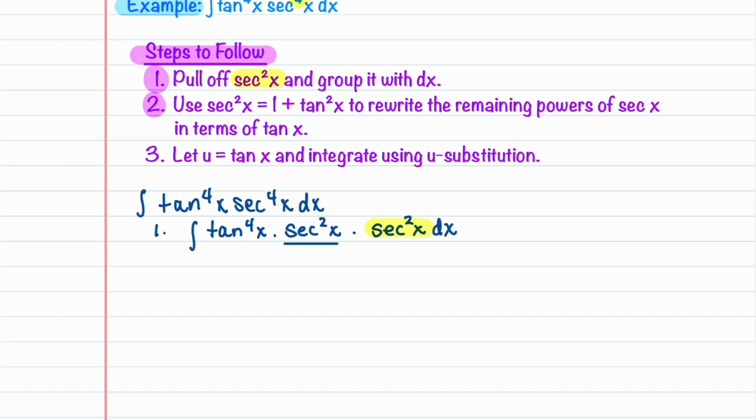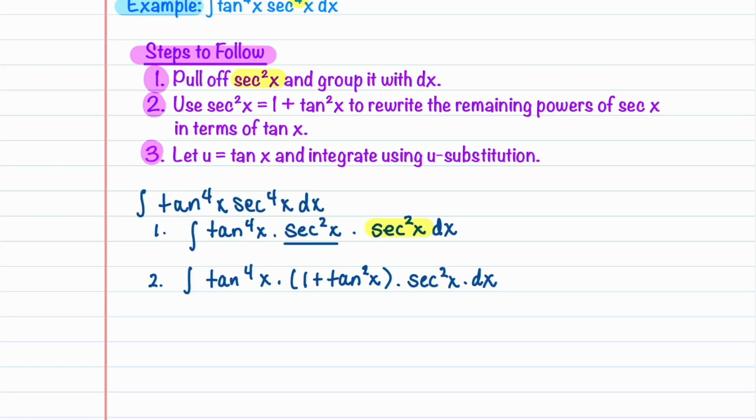We're going to use the identity secant squared is 1 plus tangent squared to rewrite our secants in terms of our tangents. Let's do that. Our tangent to the 4th comes along for the ride, and then our secant squared is now 1 plus tangent squared, and then we have our derivative secant squared x dx.